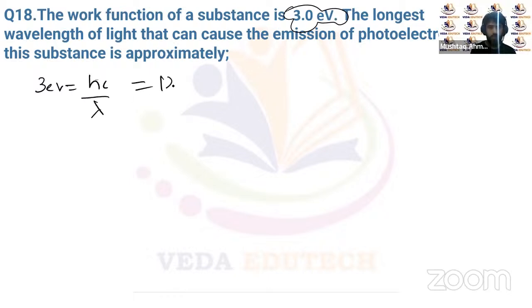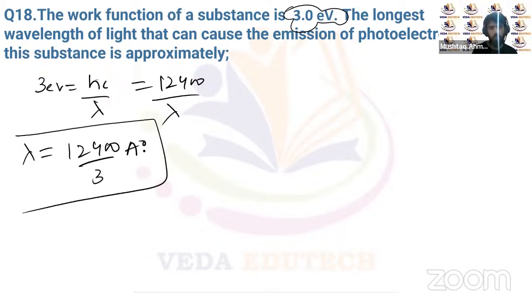So 3 electron volt will be the energy of this photon, that will be hc upon lambda. In terms of 12400 upon lambda, we get the value of lambda as 12400 upon 3 in units of angstrom. So this will be the longest wavelength. Let's suppose this is lambda naught.